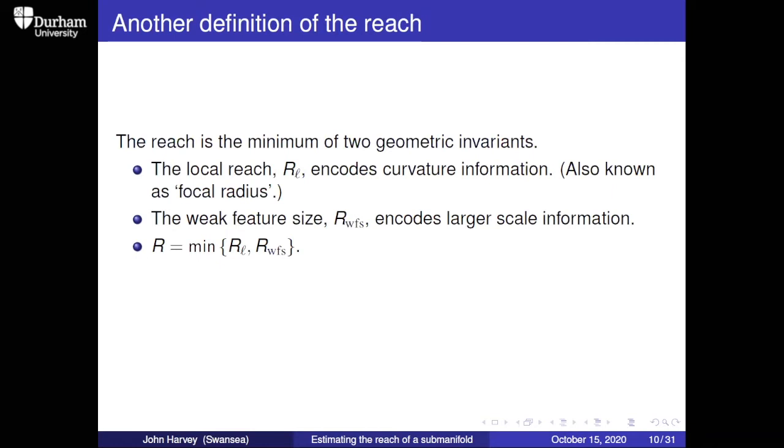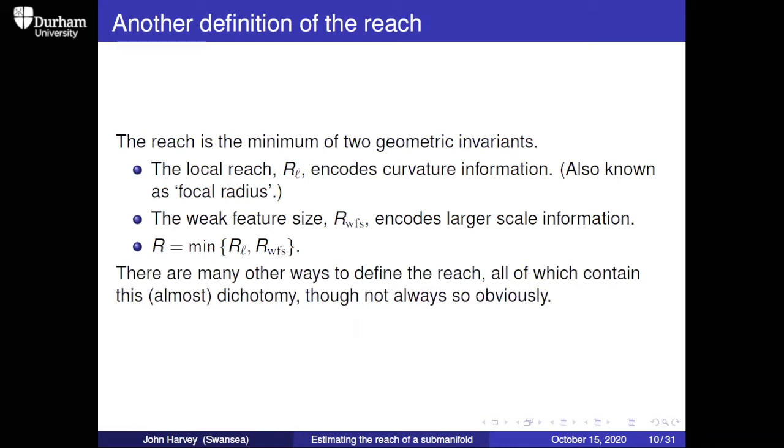One was through the focal radius, one was through the bottlenecks. So the reach is going to be whichever comes first. It's going to be the minimum of this local reach that comes from curvature and the weak feature size, which comes from the global information. Okay. So two different ways to do it. And any way you define the reach will contain more or less obviously that dichotomy.